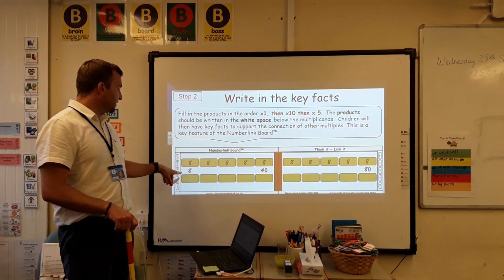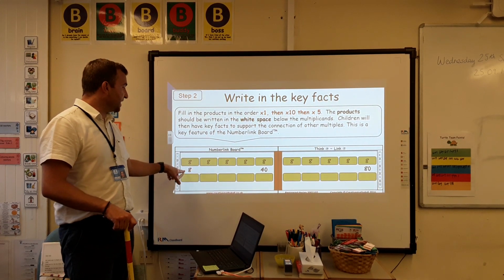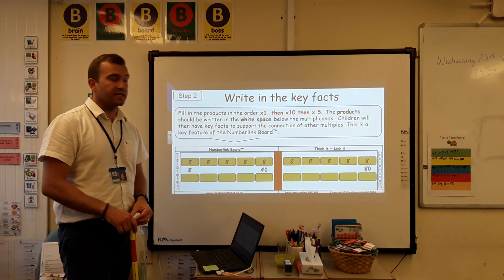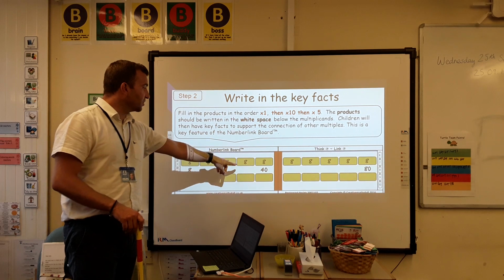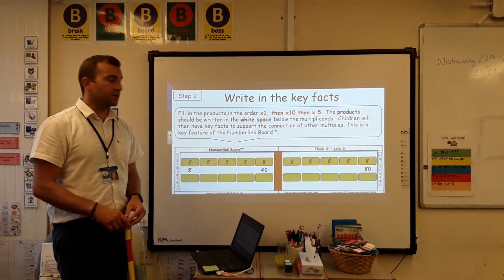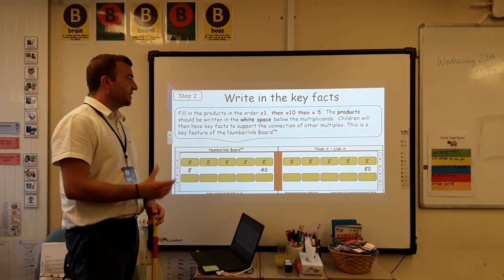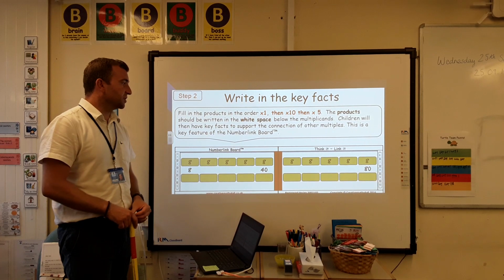If you've got 1 lot of 8, which is 8, if you double it, you get to 16. Then you can double 16 to get 4 lots, and if you double the 4 lots, you get 8 lots. From there, you can begin to fill in the times tables and understand the relationship using doubles and halves.